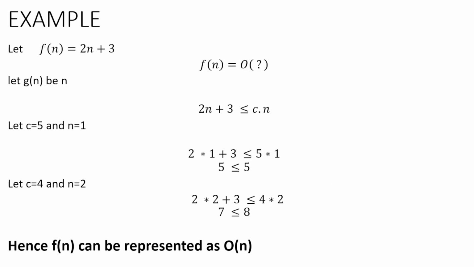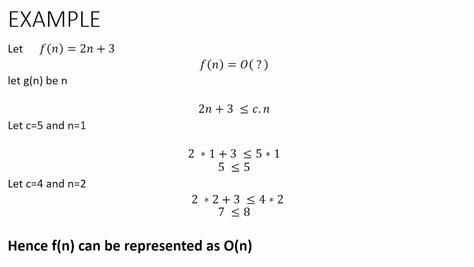Now, if we look into the previous example, f of n equal to 2n plus 3, we said g of n can be considered as n, so that 2n plus 3 is less than or equal to 5 into n, and also 2n plus 3 is less than or equal to 4 into n for n greater than or equal to 2.